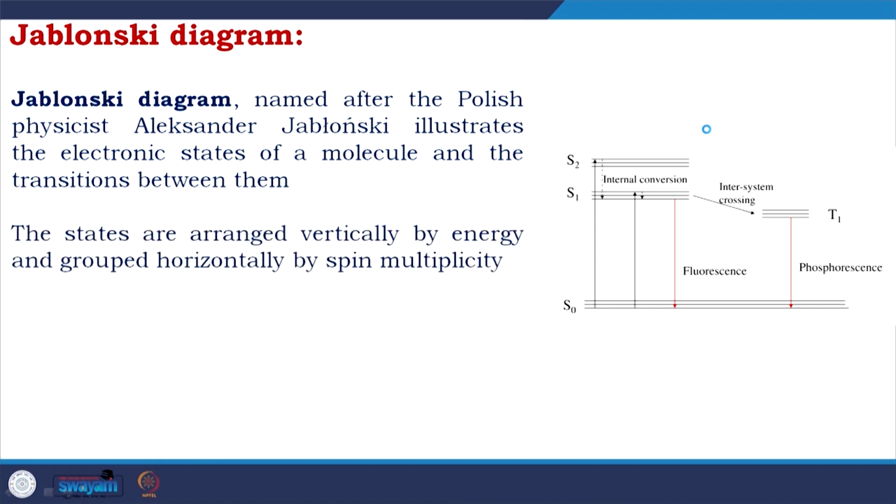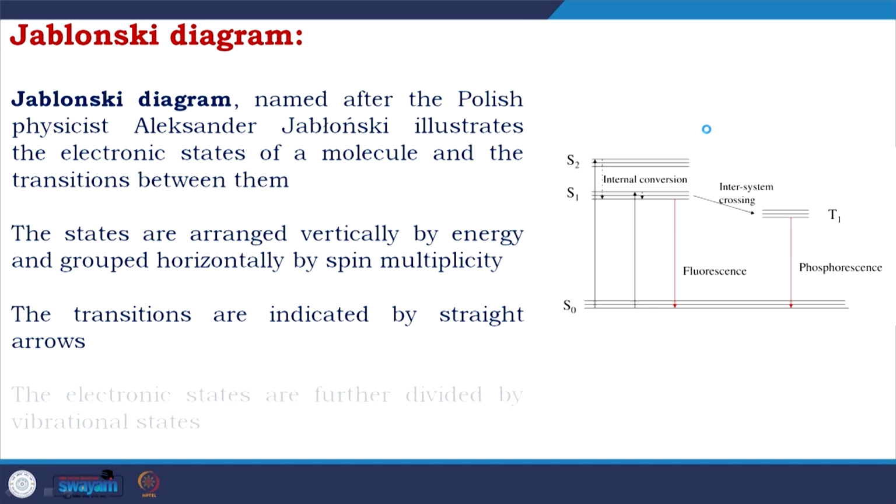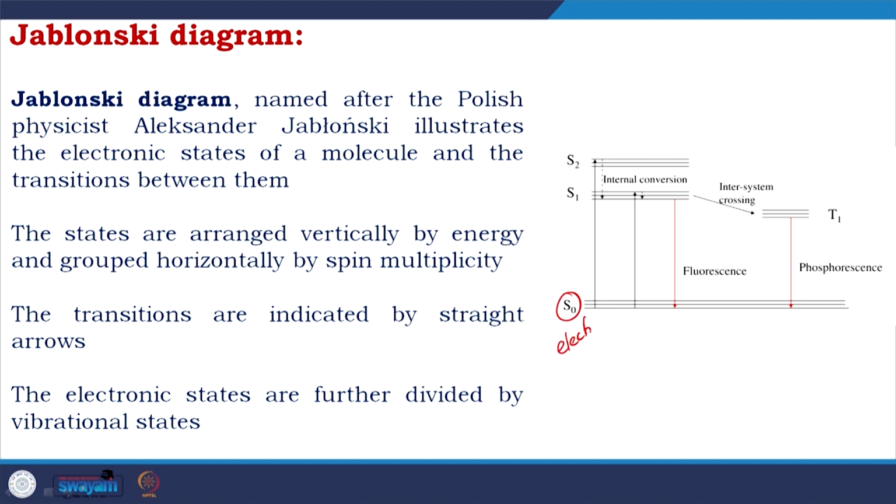The states are arranged vertically by energy and grouped horizontally by spin multiplicity. The transitions are indicated by straight arrows. As you see, these are electronic states, and the further divisions are different vibrational states.